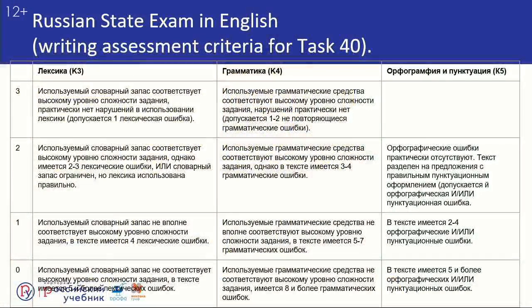Now we're going to look at 3 more assessment criteria within this assessment scale, which are the use of lexis, grammar, and spelling and punctuation. I'm going to give you another 2 minutes, and you mark this assessment scale to yourself the way we have just done it with the first 2 criteria, K1 and K2.